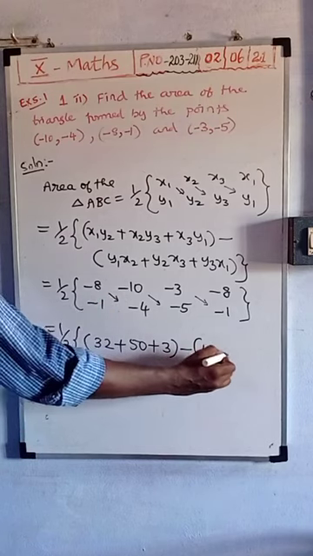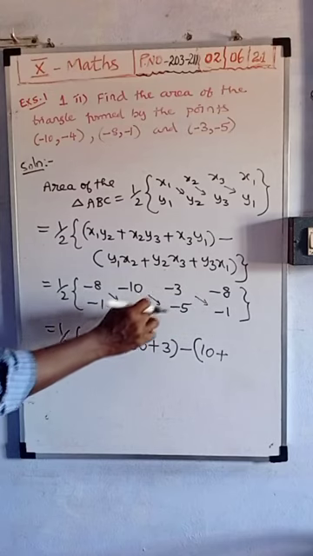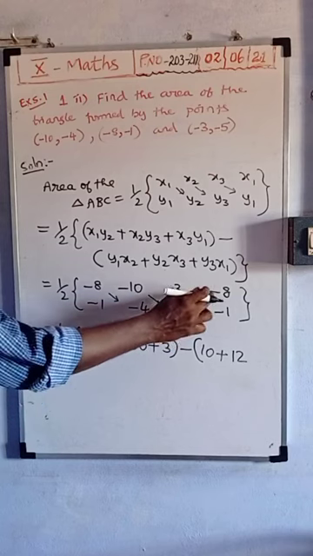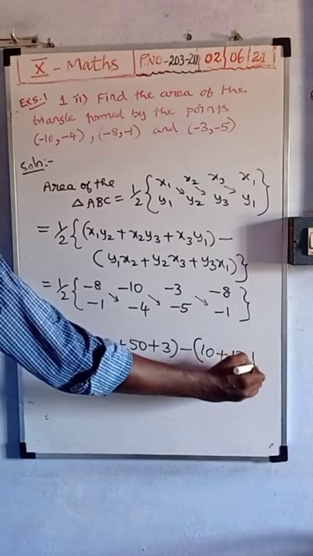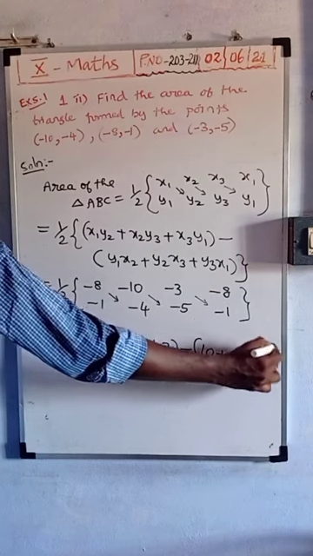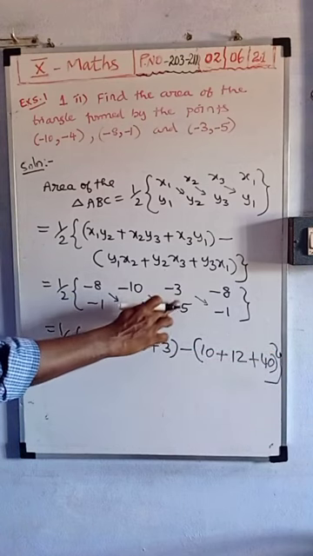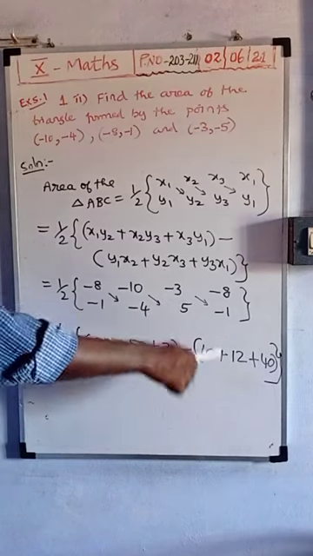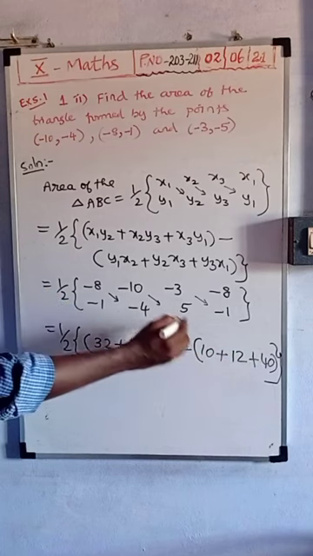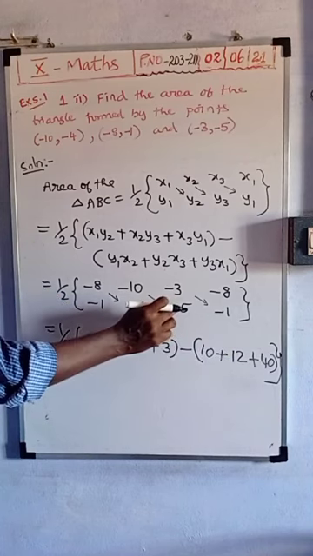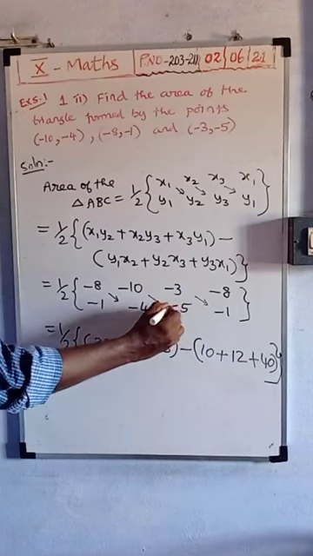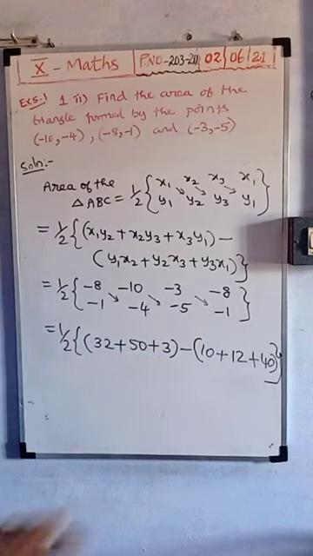Next plus, so plus 4 3s are 12, minus and minus plus, so 4 3s are 12. Next minus into minus plus, 5 8s are 40. Suppose here there is no minus, only positive, then 5 8s would be minus 40. Here plus, here minus means instead of plus 40 you write minus 40. But here minus is there, so minus into minus plus, plus 40 you want to write.